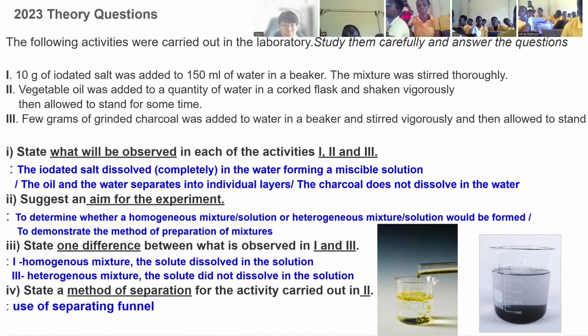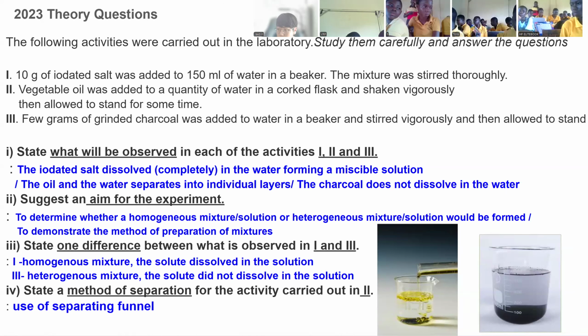So this experiment might be just combining a solid with a liquid, or a liquid with another liquid, to form many types of mixtures to see if they're homogeneous or heterogeneous. That might be the aim of this experiment.